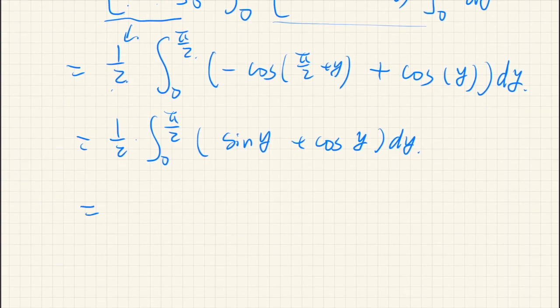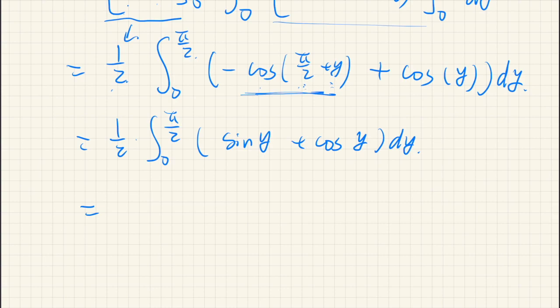If you want to prove this, just use the trigonometric addition formula: cosine of a plus b is cos a cos b minus sin a sin b.